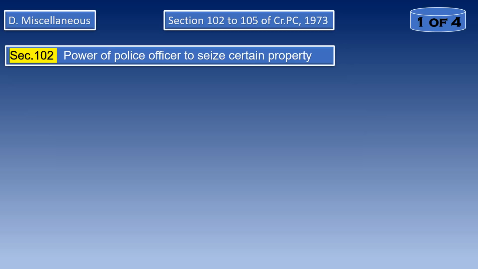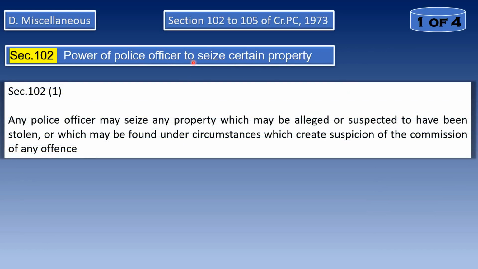First point of part 4 miscellaneous is the power of a police officer to seize certain property as per the provision of section 102. Subsection 1 of section 102 says any police officer may seize any property which may be alleged or suspected to have been stolen or which may be found under circumstances which create suspicion of the commission of any offense.